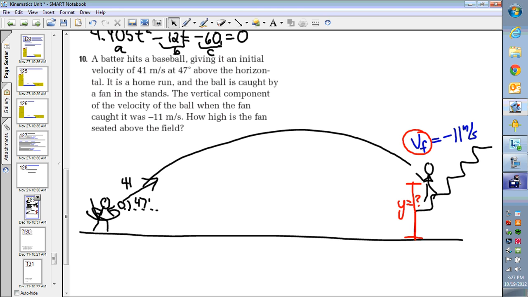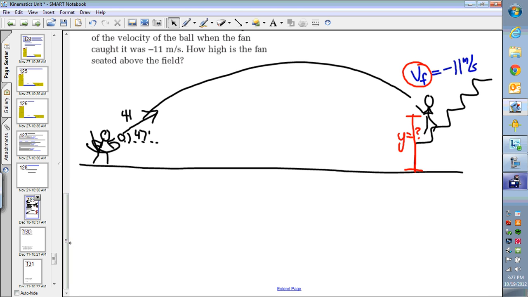Okay, so to solve this question, there's a lot of ways to do it, but I don't want to go and figure out the time it takes for this person to catch the ball, because I can just answer the question using some initial and final speeds. So I'm, as usual, going to break down my speed into a Vx and a Vy. And more importantly, in this one, I'm not even going to work out Vx because I just don't need it.